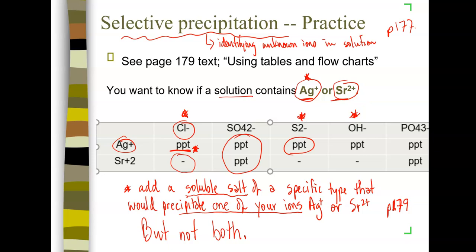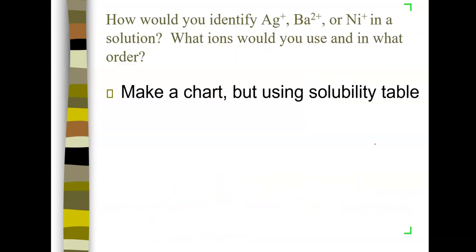Of course, I could pick potassium hydroxide or lithium hydroxide. All of those alkali metals form soluble compounds. And in this case, any one of those, sodium phosphate, would give a precipitate with silver. All right, so make a chart.